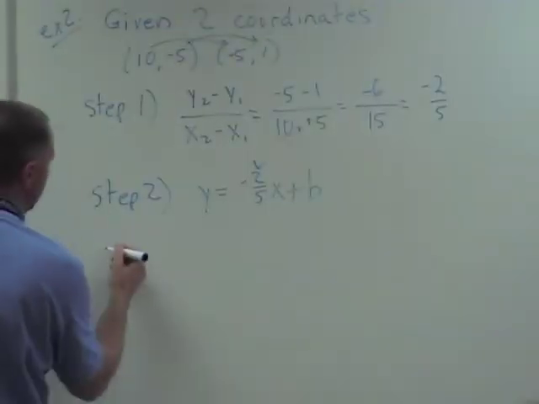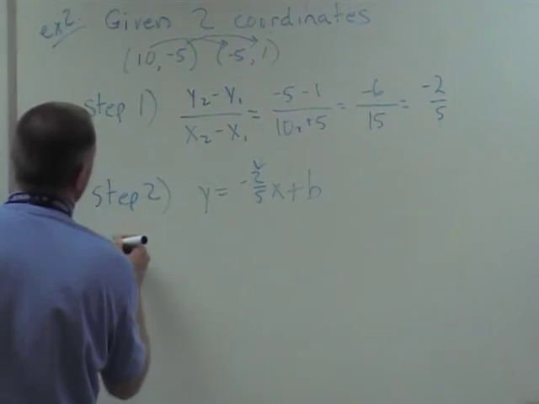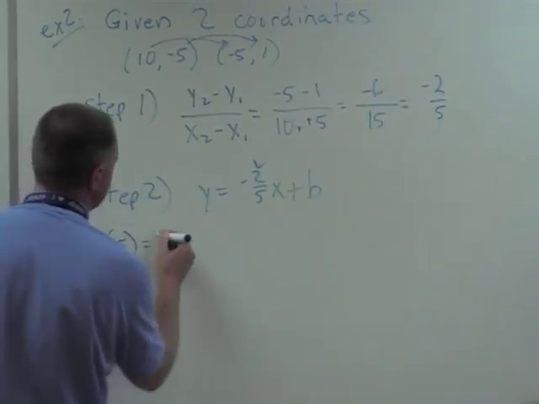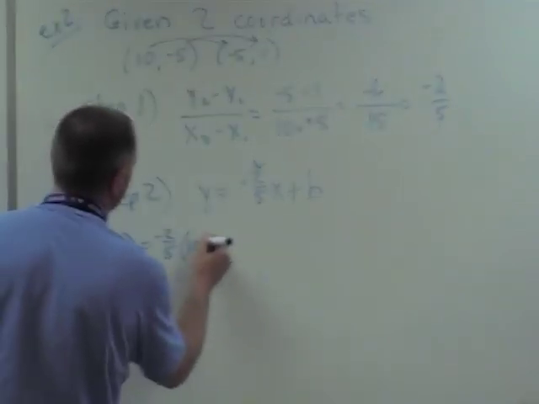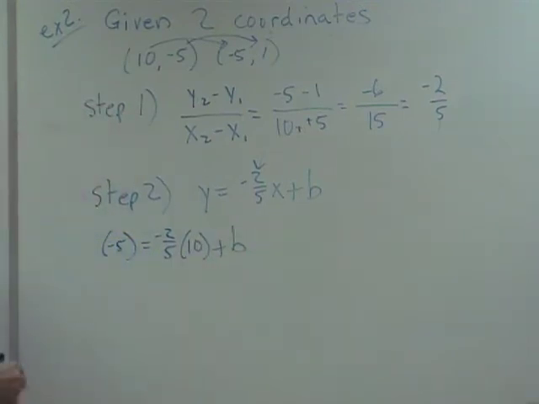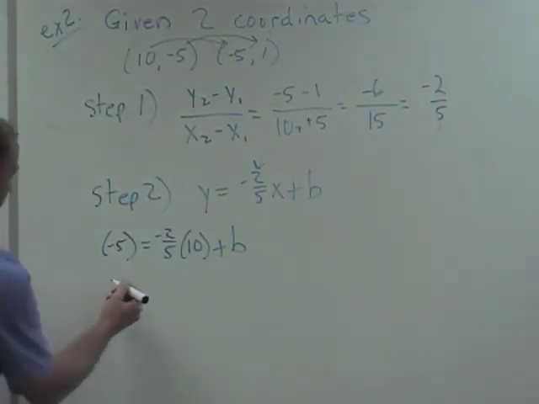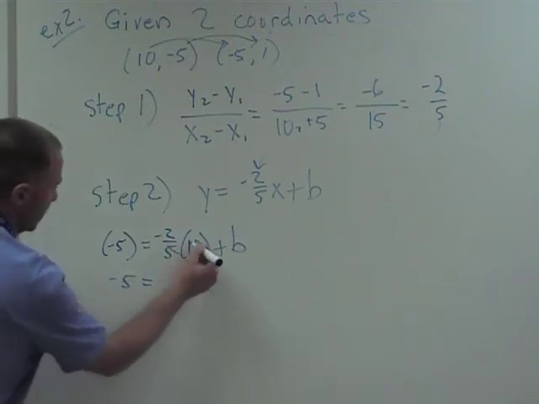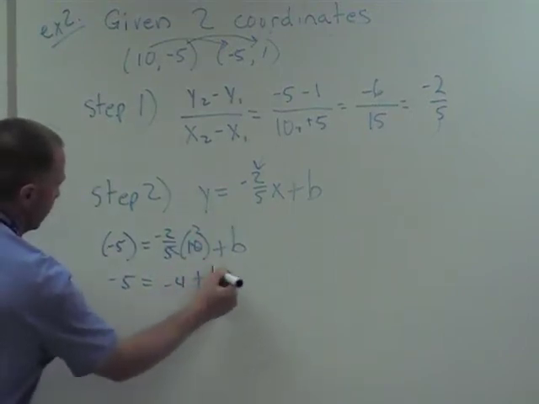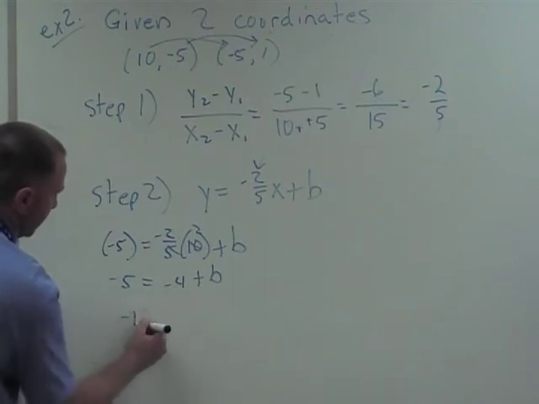I'll use the first point, substituting 10, -5 in. So there's the substitution. Now I'll solve it. So -5 equals -4 plus b. Add 4, get -1 equals b.